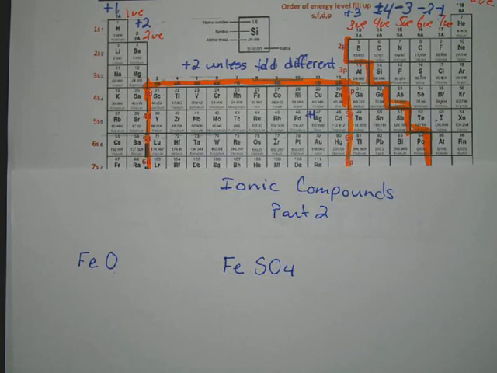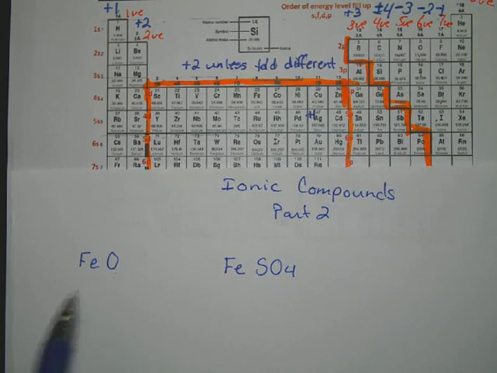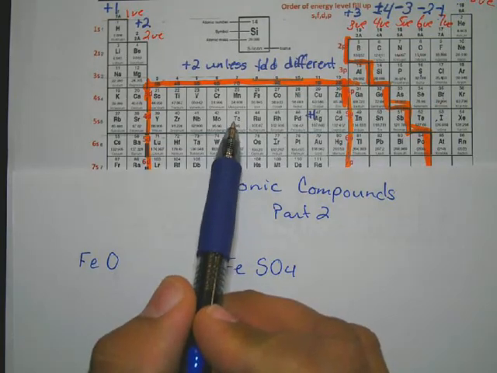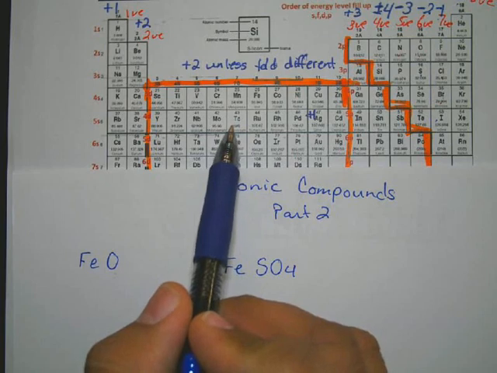So let's take a look with this guy, the ugly element. Get it? Fail, the ugly element. Well, iron here, we got to figure out what's iron's oxidation number. The reason why we have to put their names with Roman numerals is because they're transition metals and they have multiple oxidation numbers, okay?